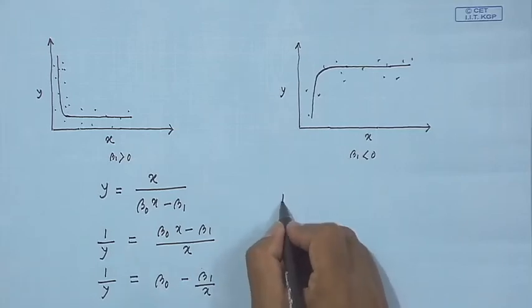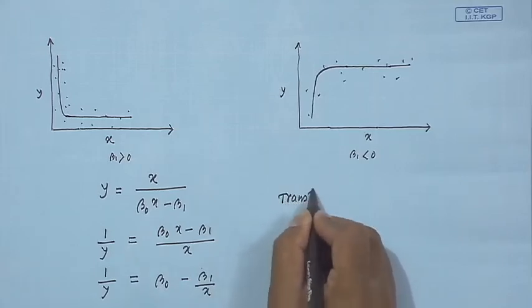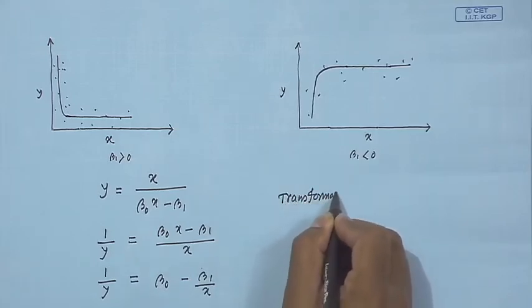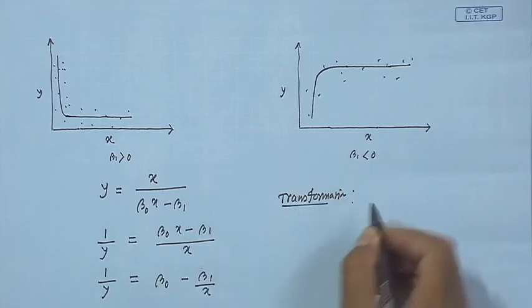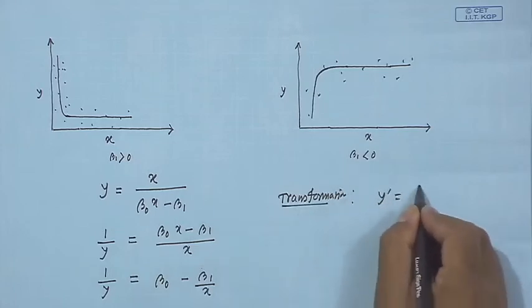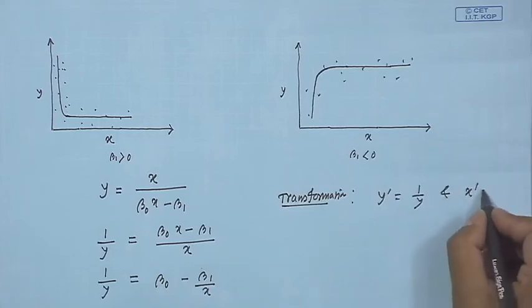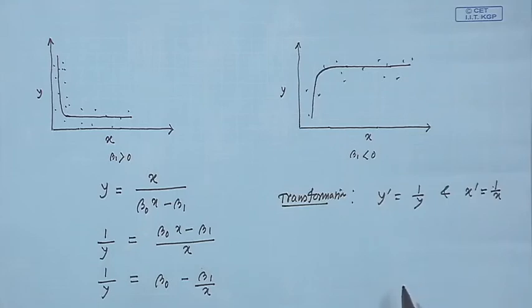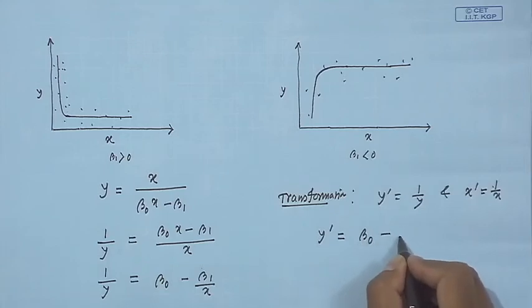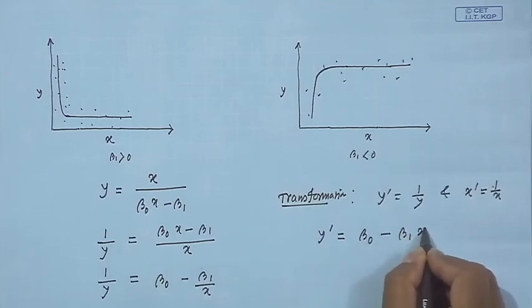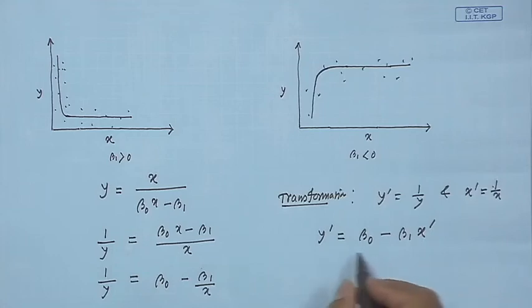So, the transformation is y prime equal to 1 by y and x prime equal to 1 by x, and the final model is y prime equal to beta naught minus beta 1 x prime.